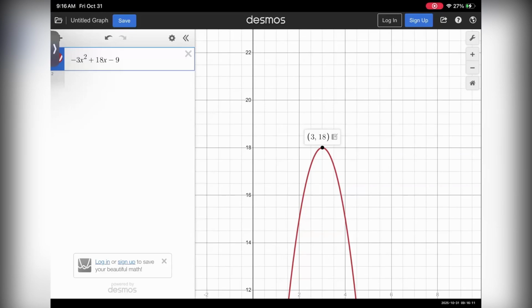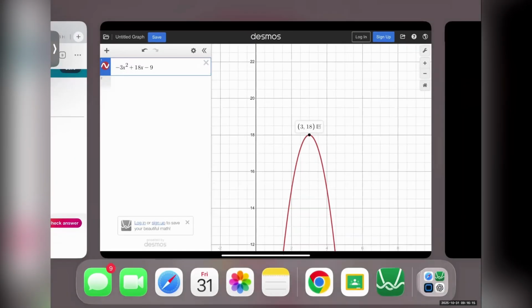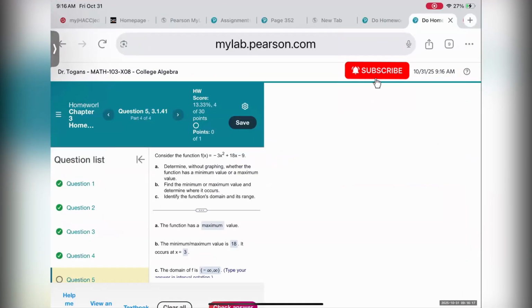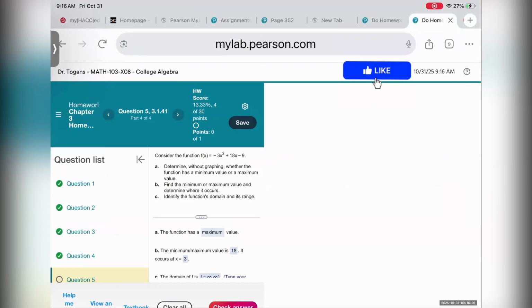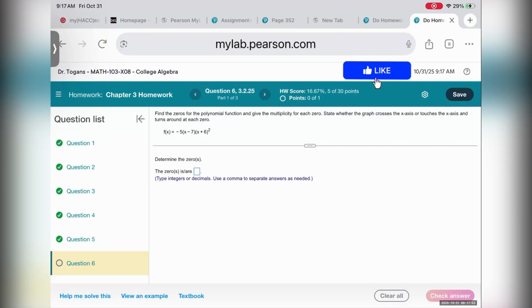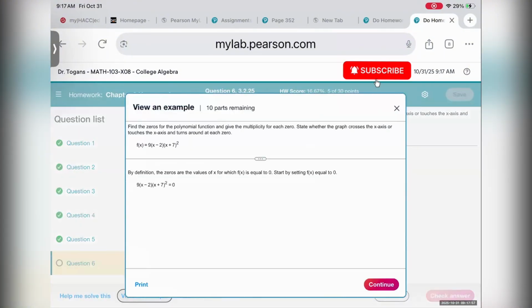No, you didn't say that. So when you get the X value, remember we plugged it in. We had it already. I know, I told you.